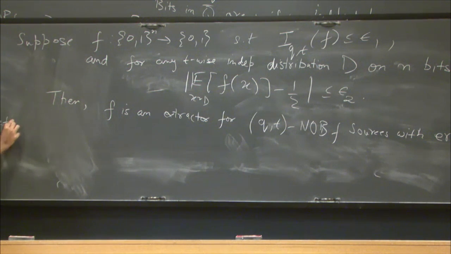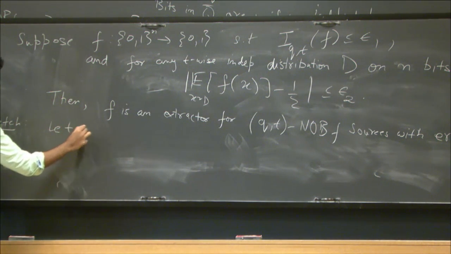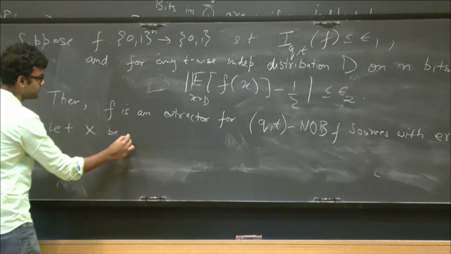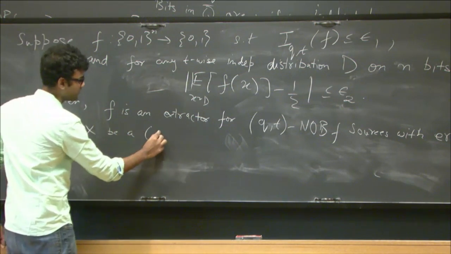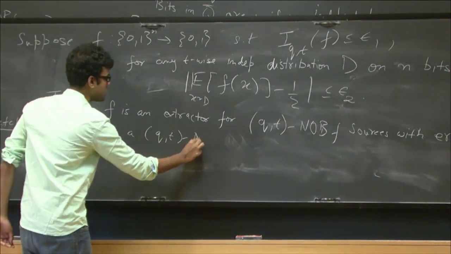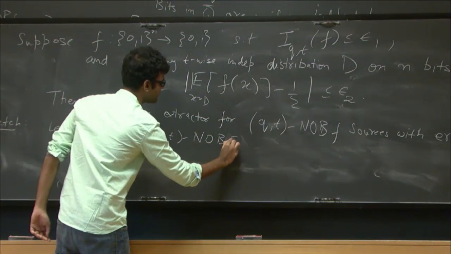Let's look at a proof sketch of this. All right, so let x be a q comma t non-oblivious bit fixing source.